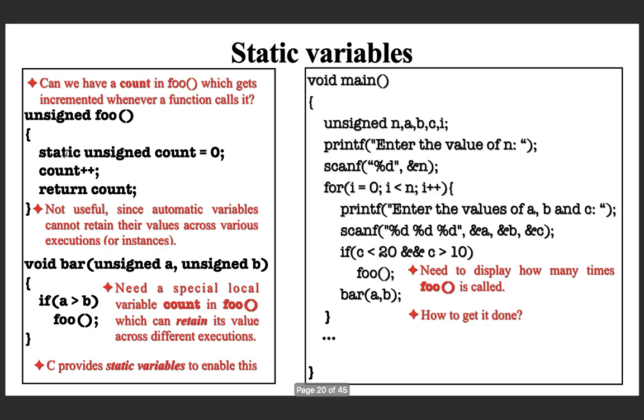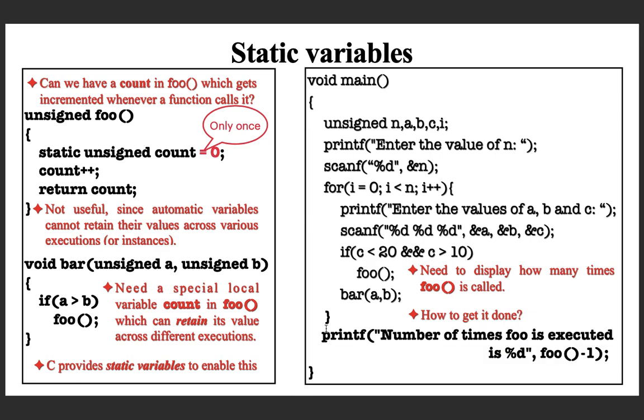Okay, so this is what it did, and when you do this, the initialization happens only once. It will not be executed every time foo is called. Only for the first time the initialization will happen. And if you have this, you can just have a printf statement to print the number of times foo is executed.